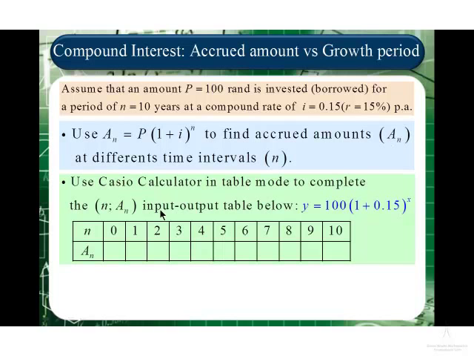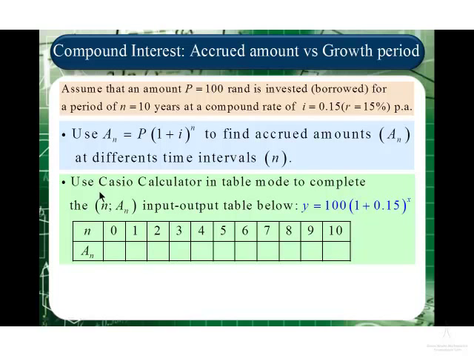So we start with a table, n equal to 0. That is, of course, the point where we start. That means we have the principal amount in that case, and then the interest periods 1, 2, 3 up to 10 in this case, and correspondingly the output values would be the accrued amounts according to the formula.